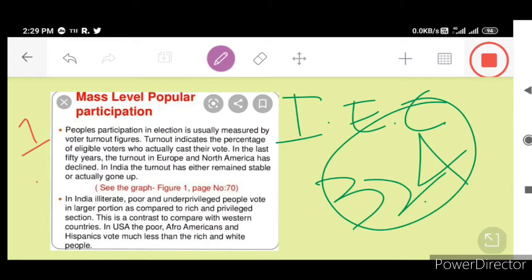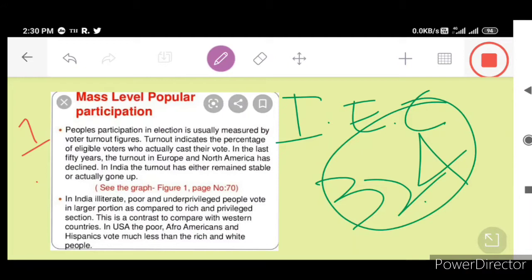But we are very grateful to the makers of the Indian constitution, who took this into cognizance and made the provision under Article 324 that gives constitutional status to the Election Commission and makes it a constitutional body. So that was point number one.